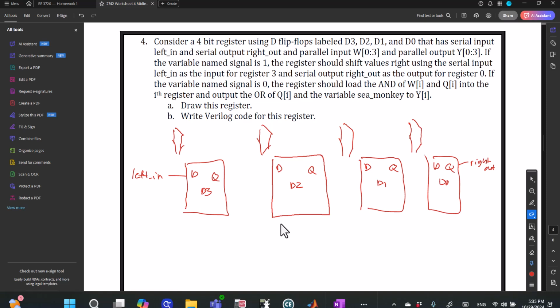So it looks like I'm probably not going to need this last multiplexer right here. Nope, I am going to need it.